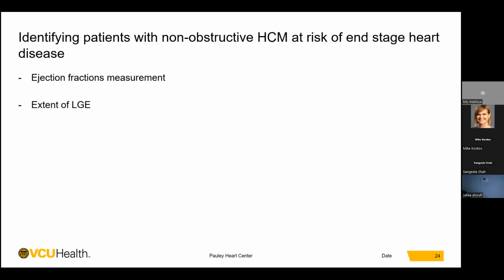And that's synonymous with advanced heart failure, like in a regular patient, when the EF is less than 35%.